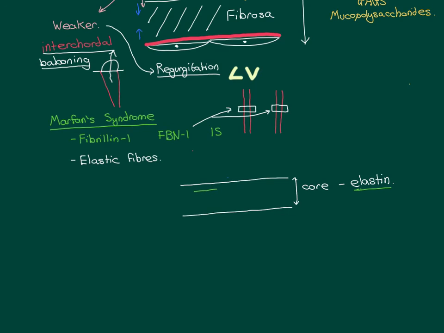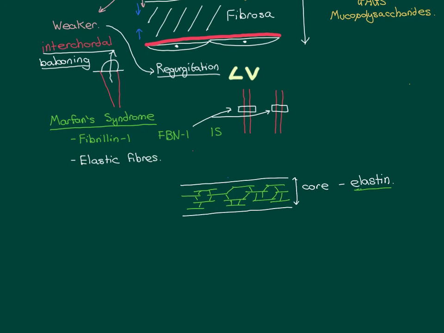So in the core, you're going to have loads of these elastin polypeptides. So here they are, all in this core like so. And they'll all be cross-linked together. So just drawing some of these cross-links on, these are the cross-links between the elastin polypeptides, like so. Okay, so that's the structure of the core of an elastic fiber.